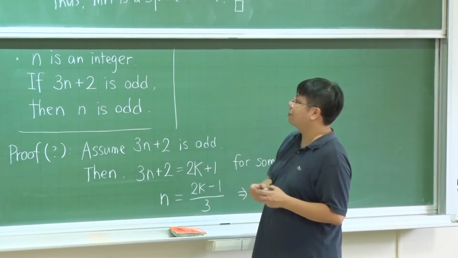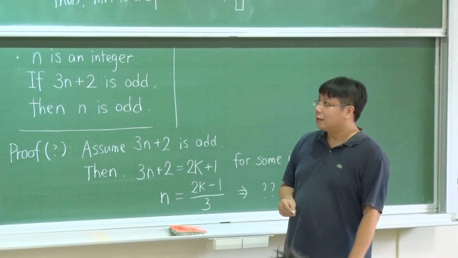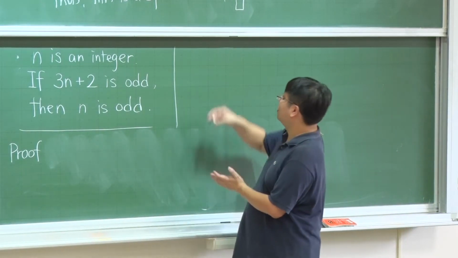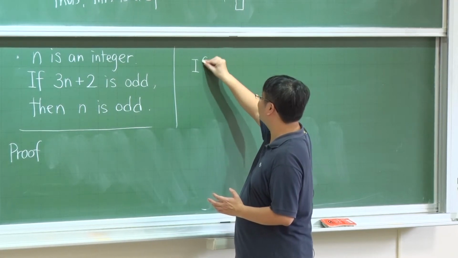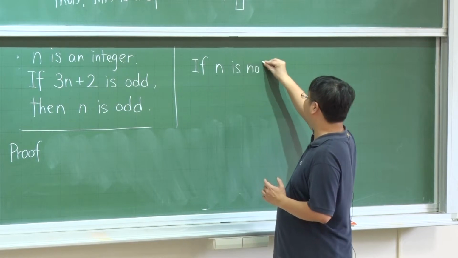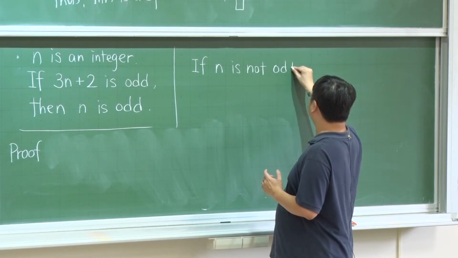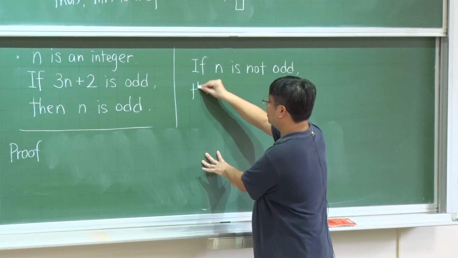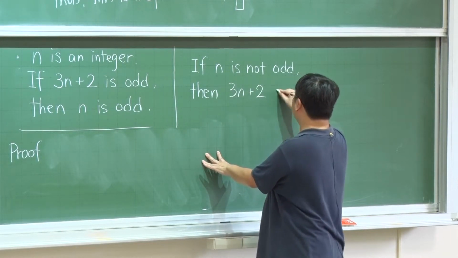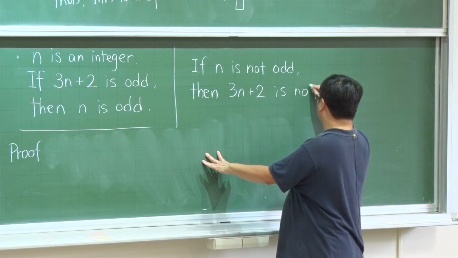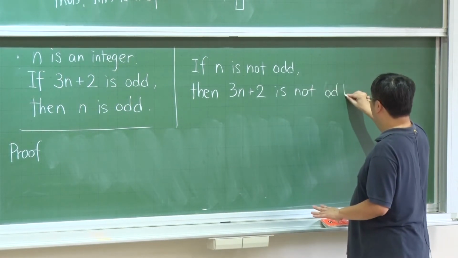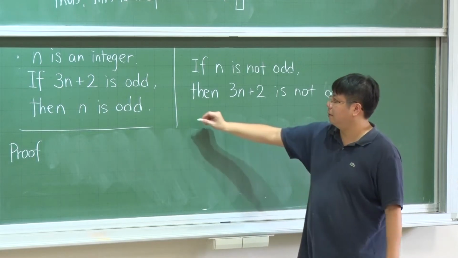So first of all, what is the contraposition? The contraposition is: if n is not odd, then 3n plus 2 is not odd. Okay?